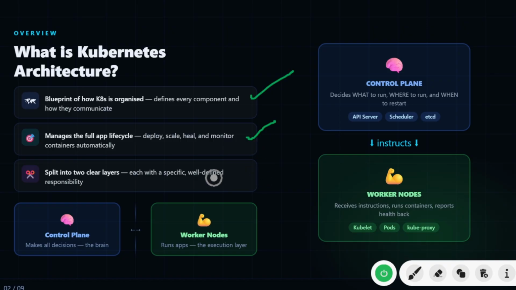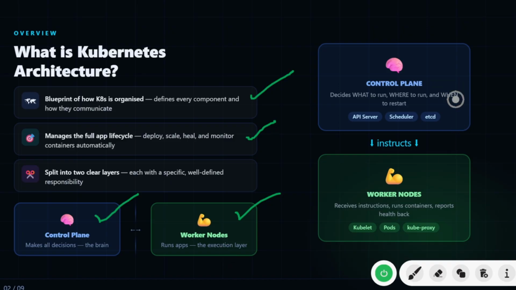And we split it into two layers, each with specific, well-defined responsibilities. One is the control plane and another is the worker node. The control plane is like the master or brain of Kubernetes, and the worker node is like the execution layer where the target workload is executed.